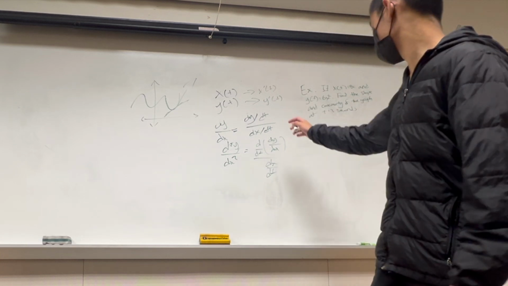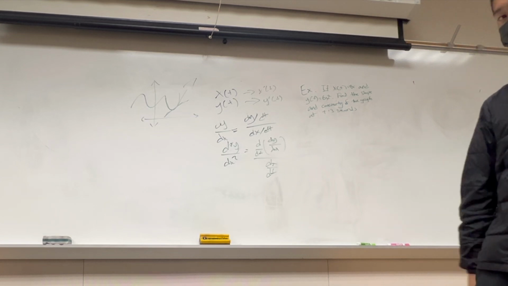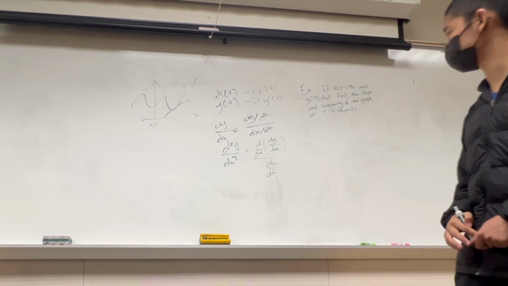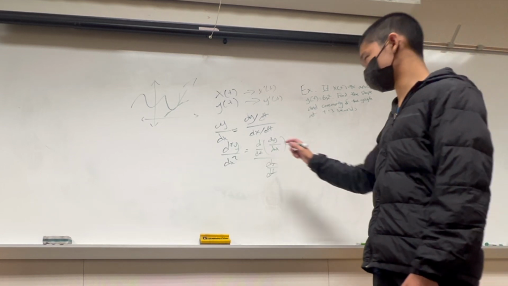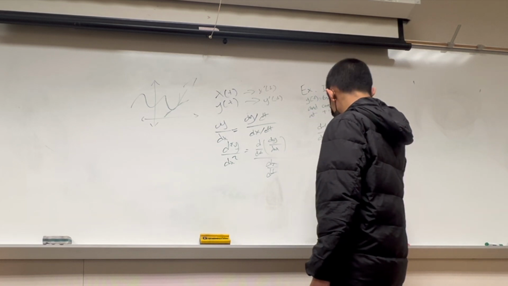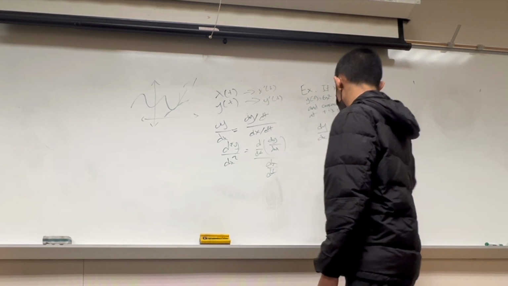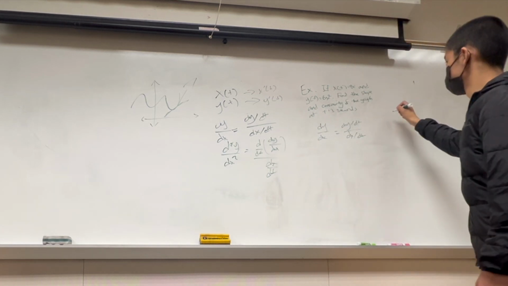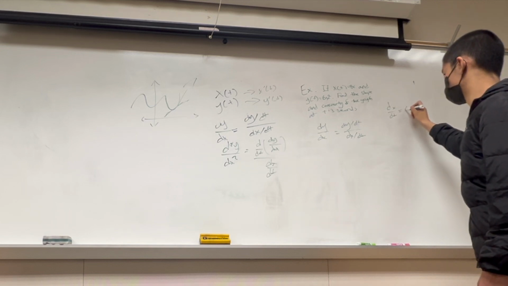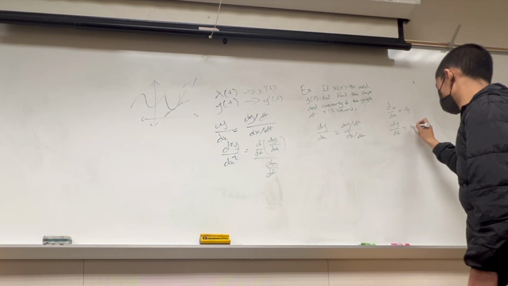To show you what I mean, let's go through this practice problem. If x of t is equal to 4t and y of t is equal to 6t squared, how do we find the slope and the concavity at t equals 3 seconds? To find the slope, we have to find dy over dx, so let's find dy over dt and dx over dt. dx over dt is the derivative of 4t, which is 4, and dy over dt is the derivative of 6t squared, which is 12t.